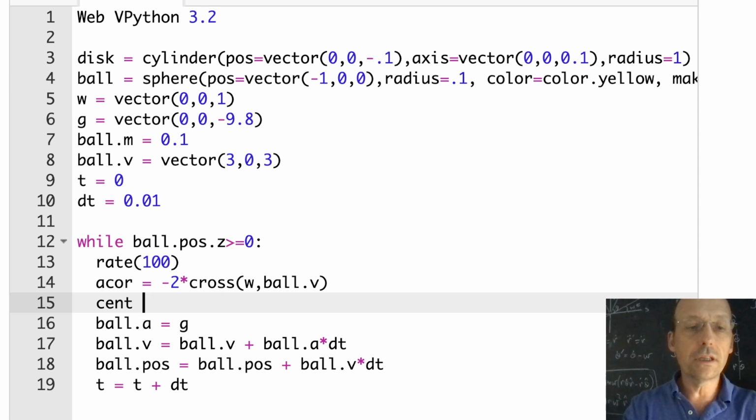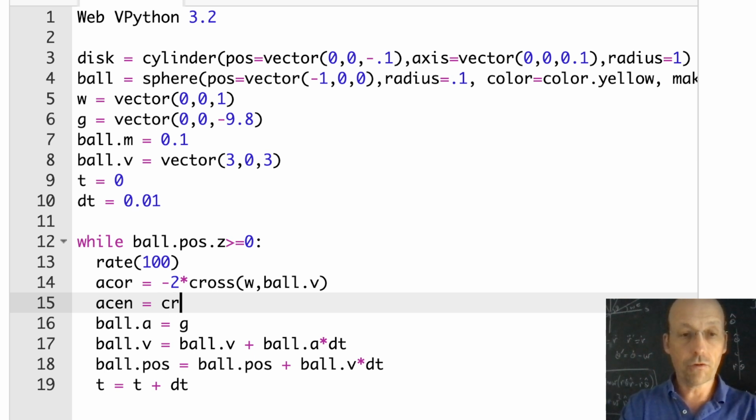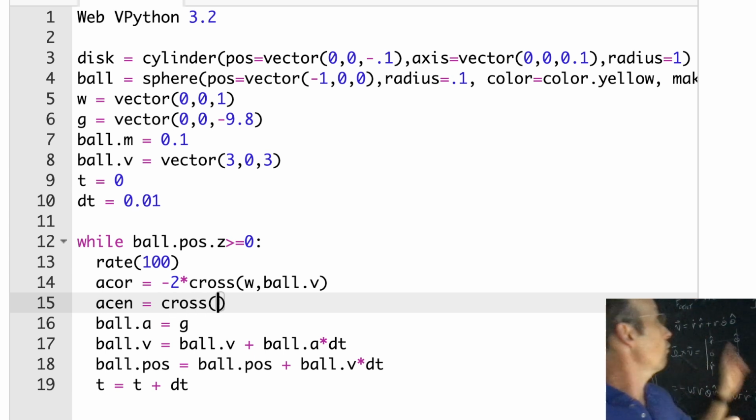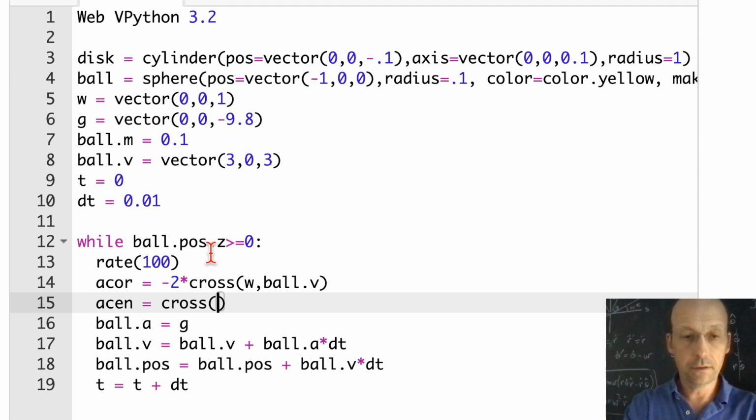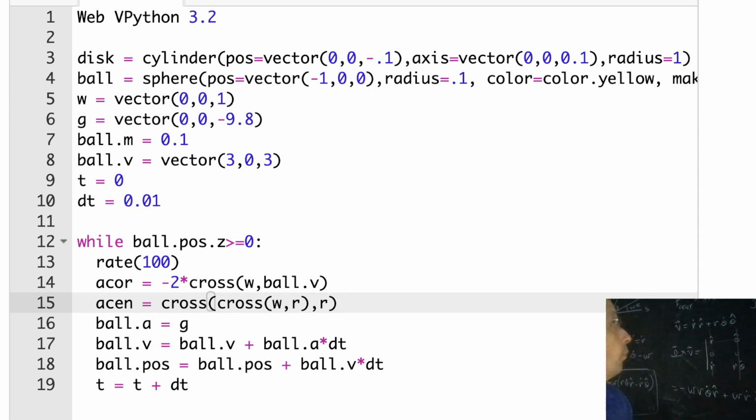Let's calculate the centrifugal force. Let's call it a_cen. You could just say it's in the r hat direction, but I'm going to use the formula that we have up here. So it's the mass, which I'm going to leave off, times omega cross r. So cross omega cross r, and then I need to cross that with omega.